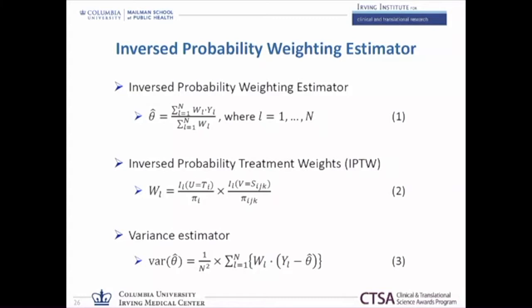While for those patients who follow a sequence belonging to the adaptive intervention we are interested in, the weight can be built based on a cumulative product of inverse randomization probabilities corresponding to all the treatments a patient received in the study. Formula 3 is the formula to calculate the variance estimator of the IPWE. We can see this is a function of n, the total sample size, W, the inverse probability treatment weight, and Y, the observed primary outcome.